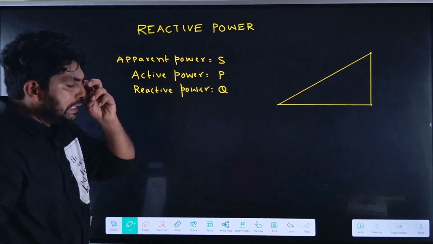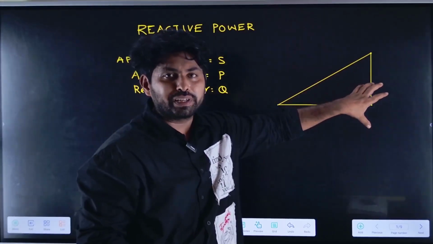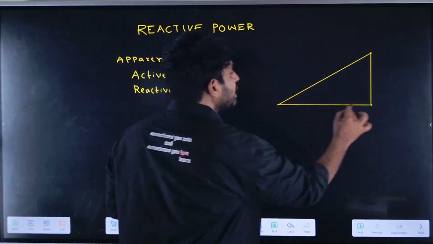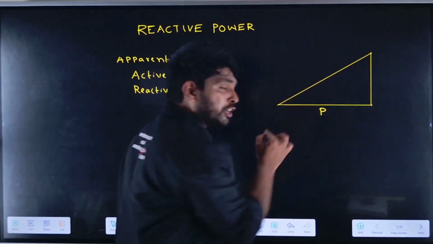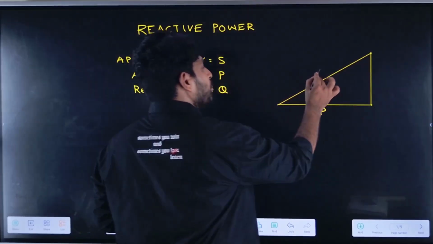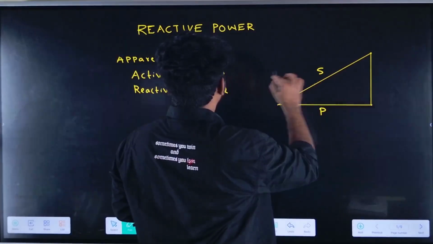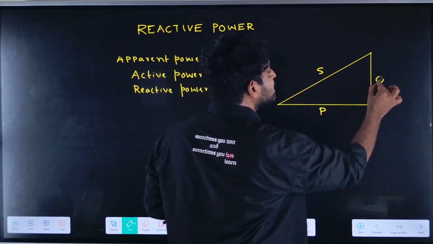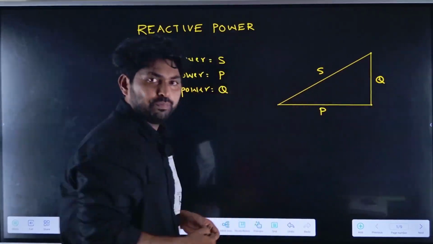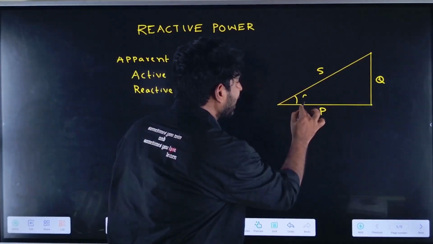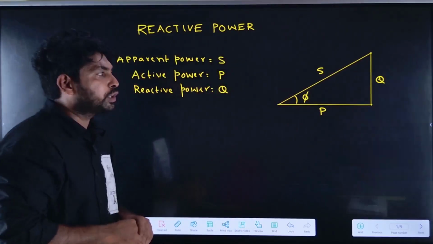Right? So let us take the power triangle. How can we represent it in the power triangle? The horizontal axis is P, which is the active component of apparent power. The reactive or imaginary component of apparent power is Q. Now let me assume this angle is phi or theta, whatever notation you can assume.